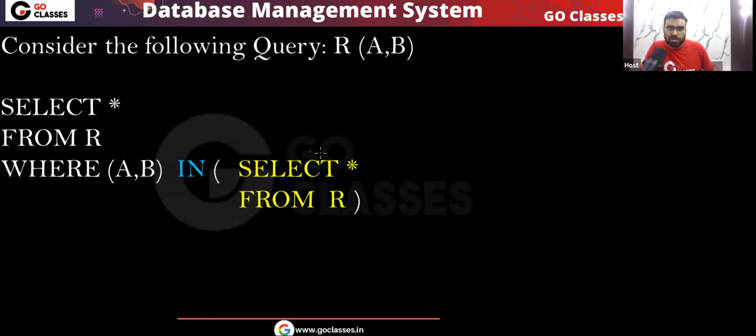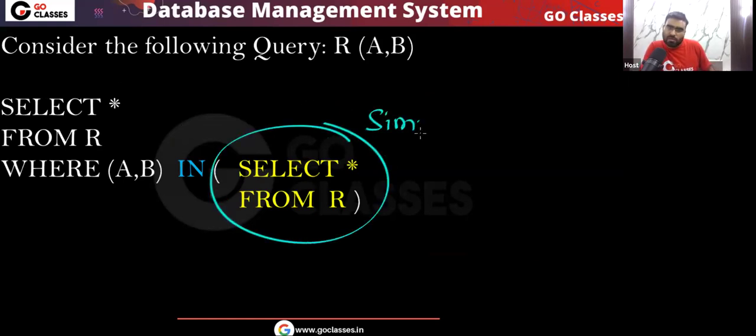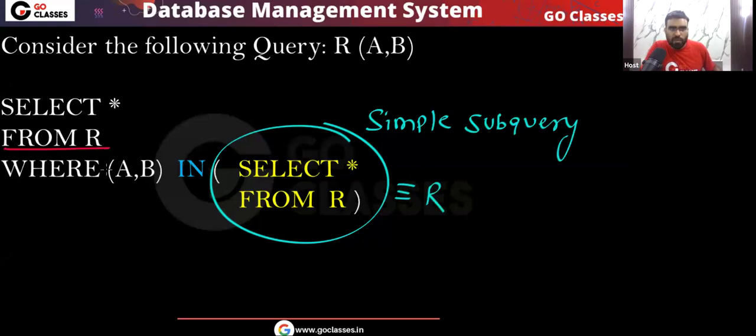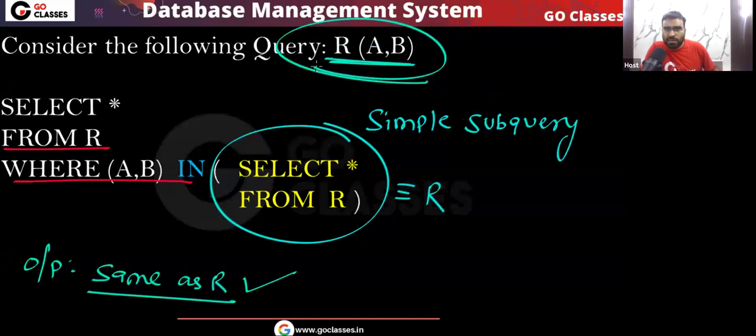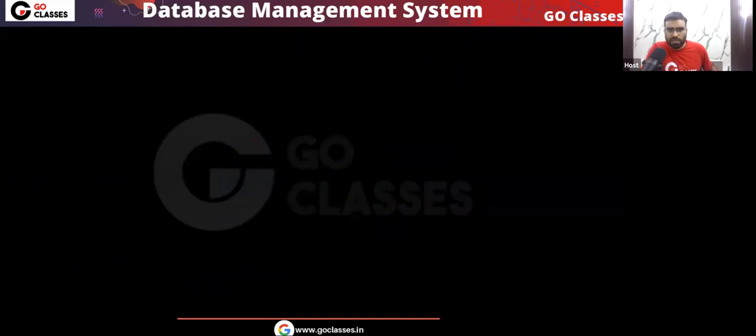This is a simple subquery, and this is equivalent to R. From R, where (A, B) is in this, your output will be the same as R. Because this is your table, and for every tuple of this table we are checking whether it is in this table. So same as R. Very simple.